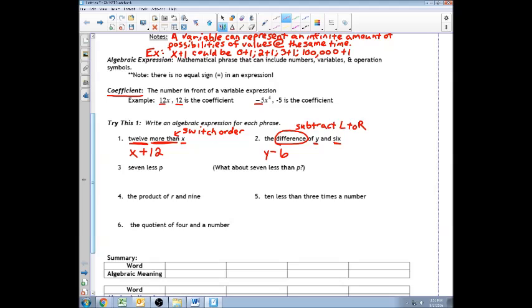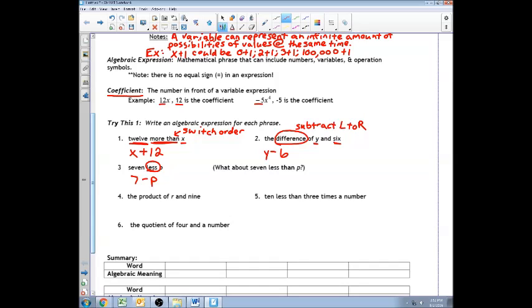In number 3, I have less, but it's not less than. So again, it did not tell us to switch the order, so I do not have a than in there. So in this problem, it would really just be 7 minus P. Less is the key word there that tells us it is subtraction.